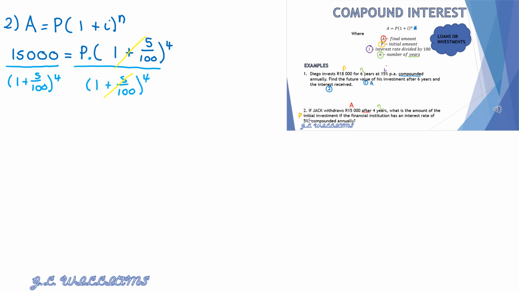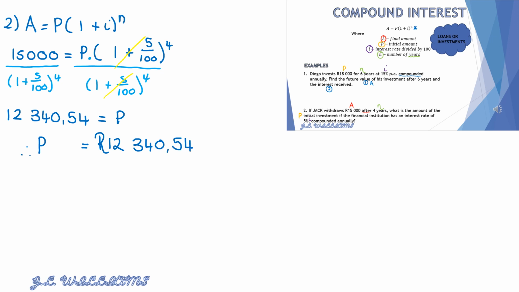Okay, as per the calculator, this works out to 12,340.54 equals P, and so therefore the initial amount invested is 12,340 Rand and 54 cents.